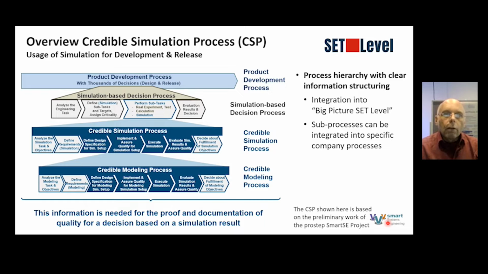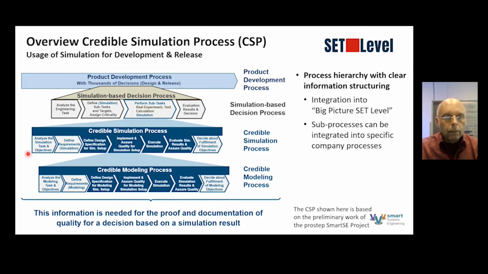Within the decision process, they collect these results, and based on them make an overall result and a decision. And that part, which you see here, is the core of the publicly funded project VV methods.